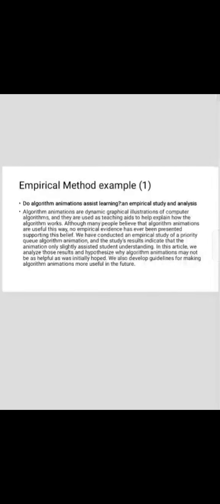Chapter 10. Simple linear regression and correlation. First, empirical method, example 1. Do algorithm animations assist learning? An empirical study and analysis. Algorithm animations are dynamic graphical illustrations of computer algorithms, and they are used as teaching aids to help explain how the algorithm works.